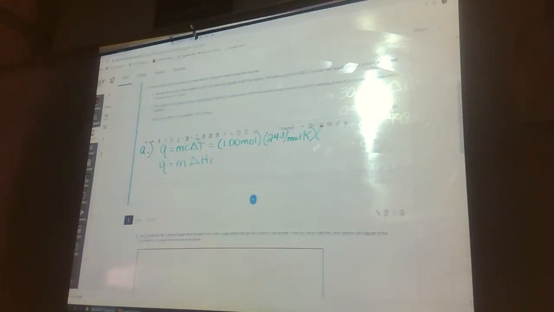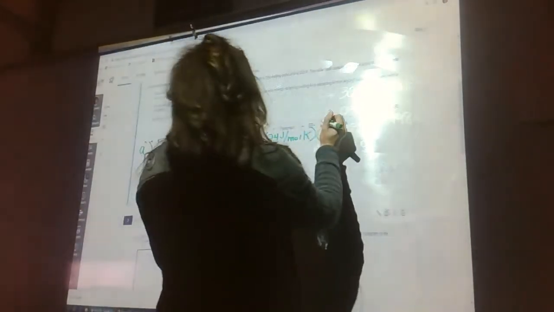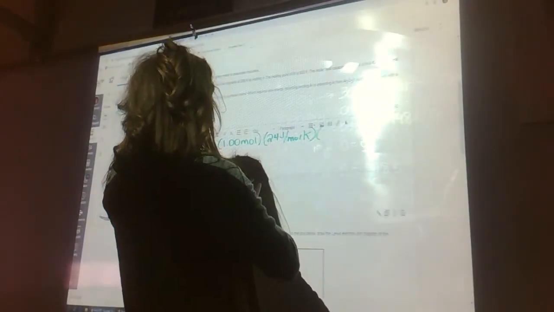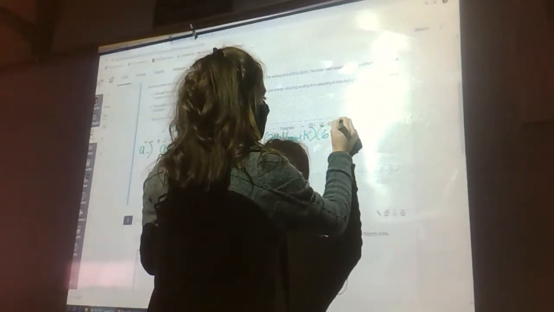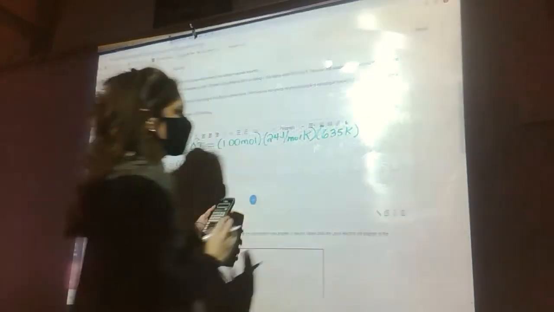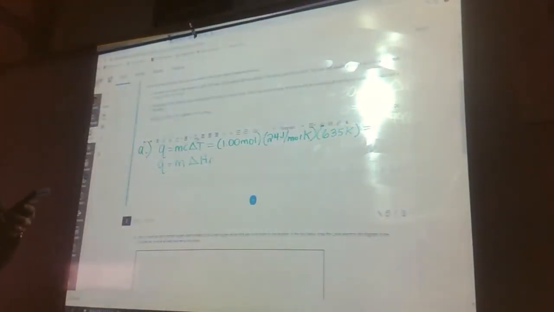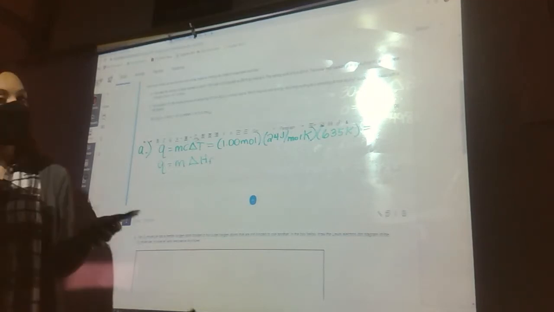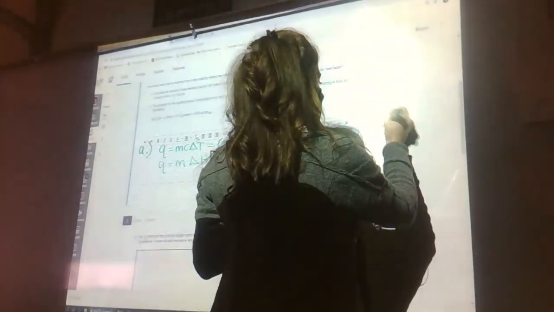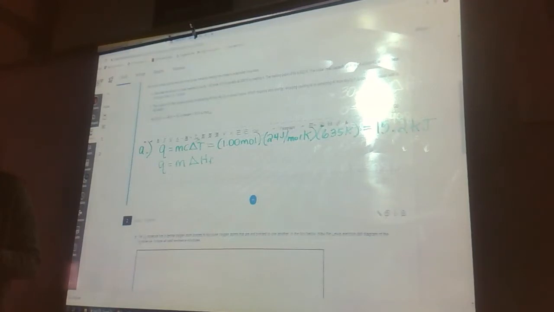So you're going from room temperature, which is 298 Kelvin, to 933. 933 minus 298 is 635 Kelvin. When you multiply those, you get 15,240, or 15.2 kilojoules of energy. And that's the energy required to change the temperature of the solid aluminum from room temperature to the melting point.